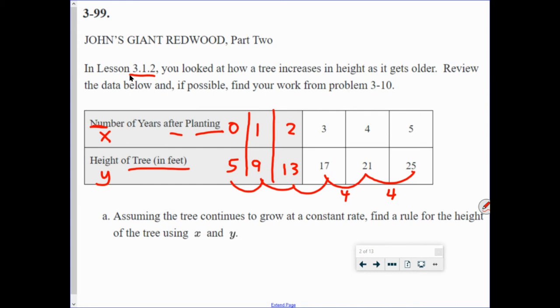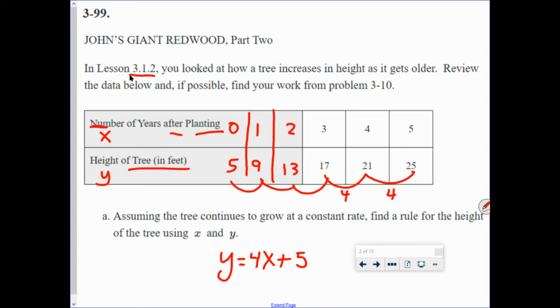The equation we came up with in class, and see if you see any connections here, y equals 4x plus 5. Those numbers are not random. We have been starting to make some connections, and hopefully you're starting to see that. So 4x plus 5.